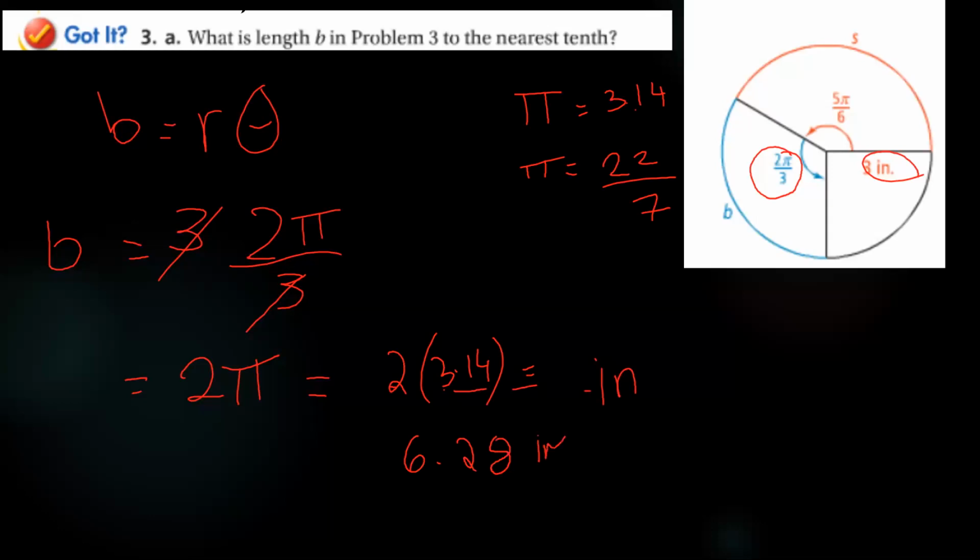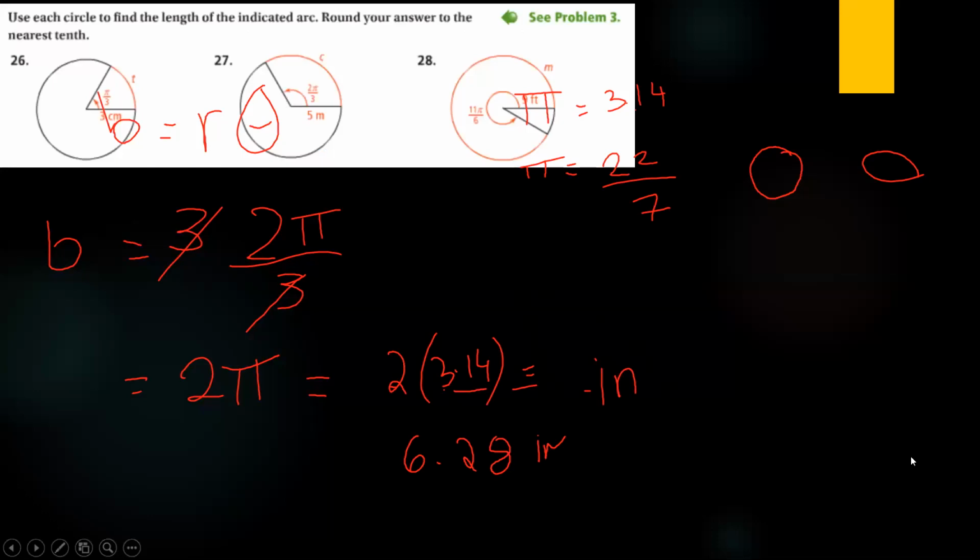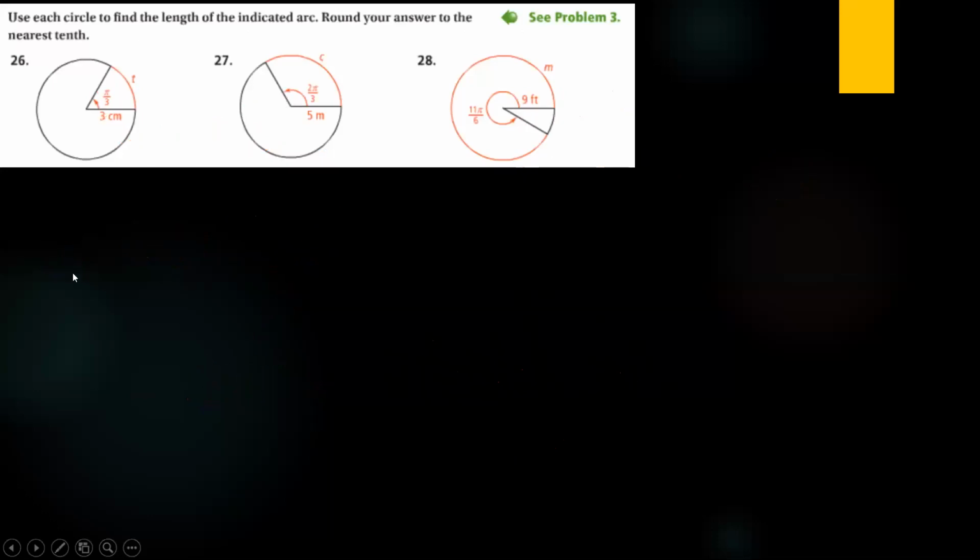This is how to find the length of the arc. Let's solve now these questions here. Number 26. In number 26, you have to find the length of T. So it is R times theta.